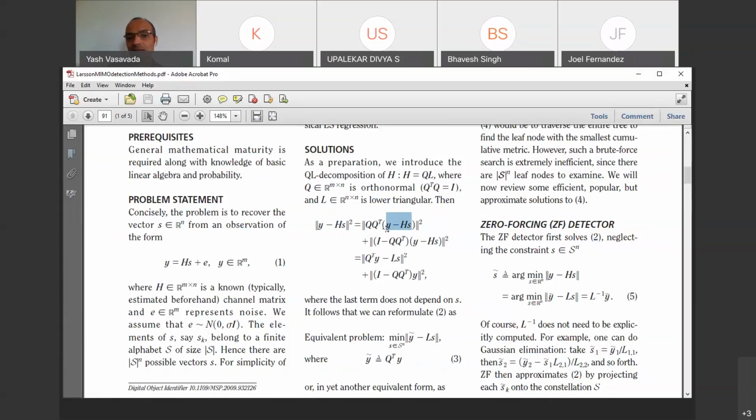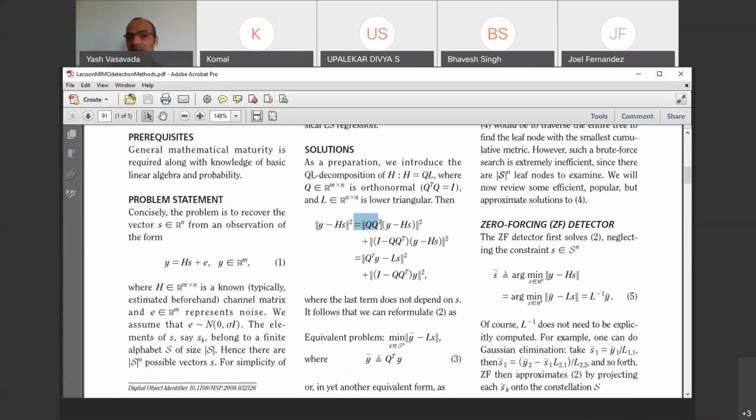If I can project this error vector y minus hs onto two perpendicular axes, and then I apply Pythagoras theorem, then y minus hs, the vector E, becomes the hypotenuse. So the square of the hypotenuse is equal to the sum of the squares of the two legs of that right angled triangle.